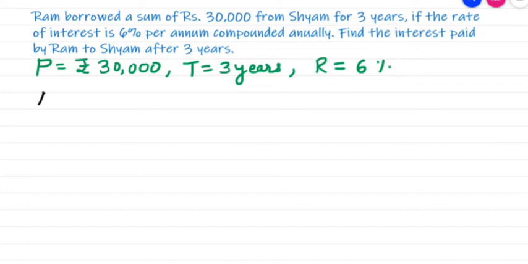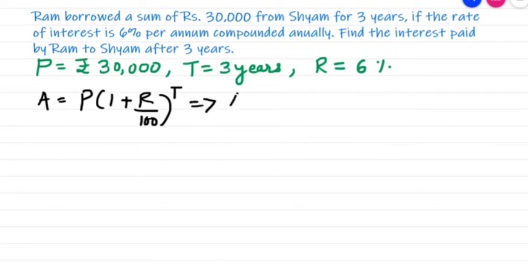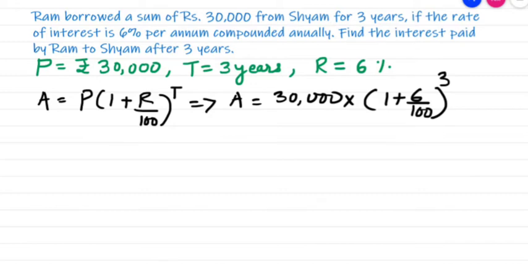So amount is equal to P into 1 plus R by 100 to the power T. So in this case, your amount will be equal to 30,000 multiplied by 1 plus 6 by 100 to the power T. T is 3 here. Since it is compounded annually, we don't have to change anything here.